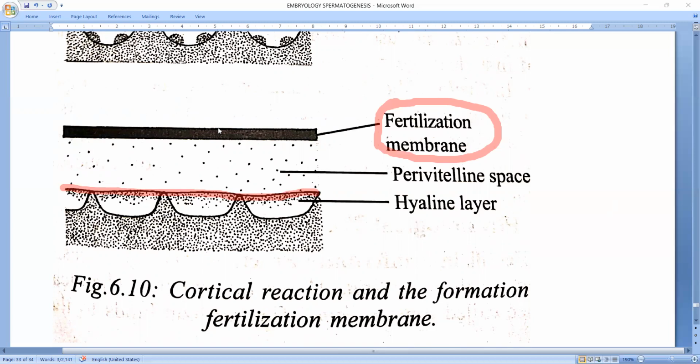What is fertilization membrane? The lifted off zona pellucida is called fertilization membrane. The gap between this fertilization membrane and the vitelline layer or zona pellucida is called perivitelline space and the liquid is called perivitelline liquid.